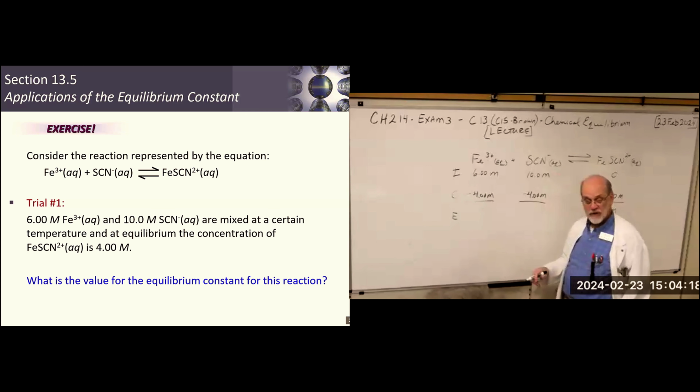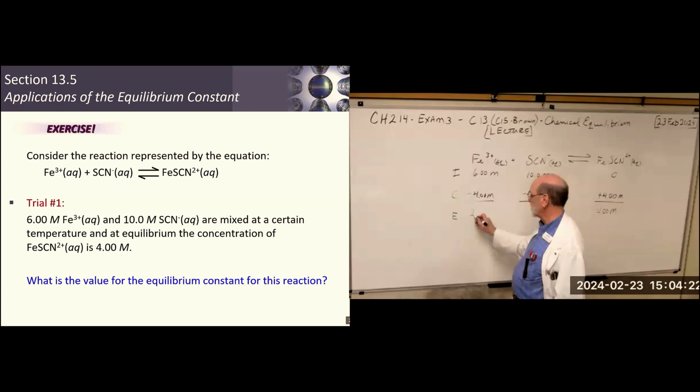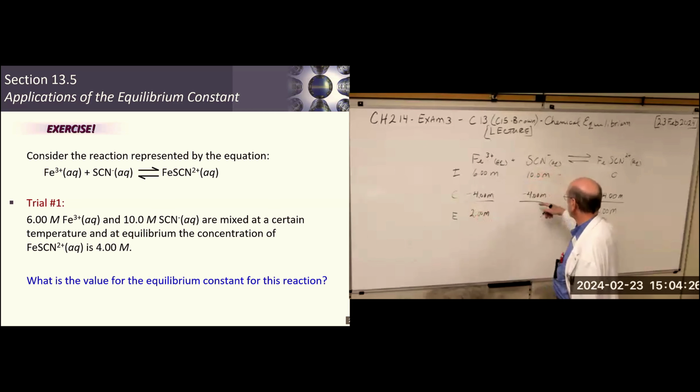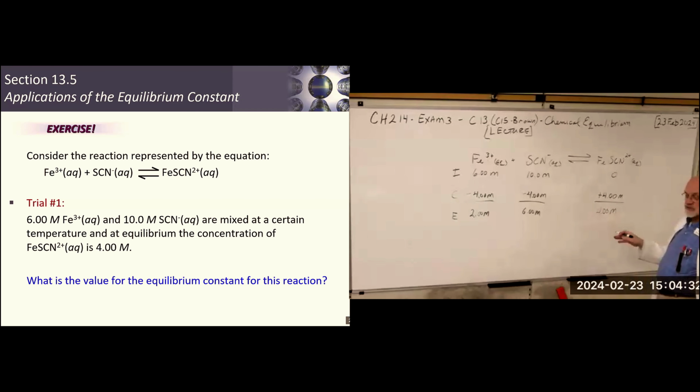So what will be the equilibrium concentrations then? 4 from 6 is 2. And 4 from 10 is 6. Now we have the equilibrium concentration. And we can calculate a constant.